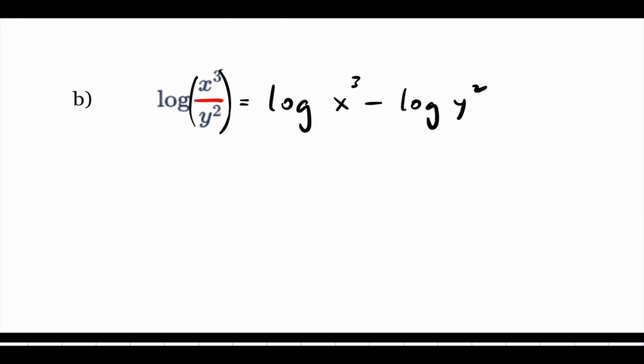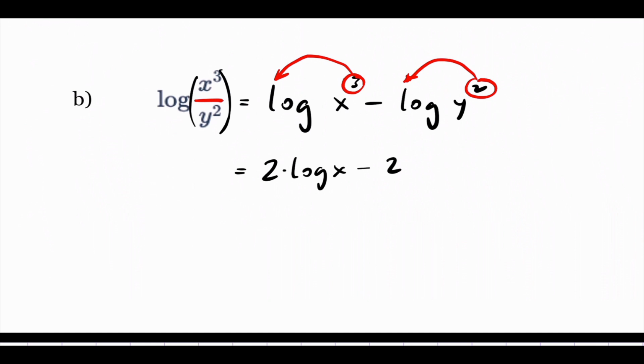Now, powers. This guy's got a power of 3, so I'm going to move that to the front. This guy's got a power of 2, I'm going to move that to the front. Oops, no, this is 3. It should be 3. This guy has a power of 3. Done.